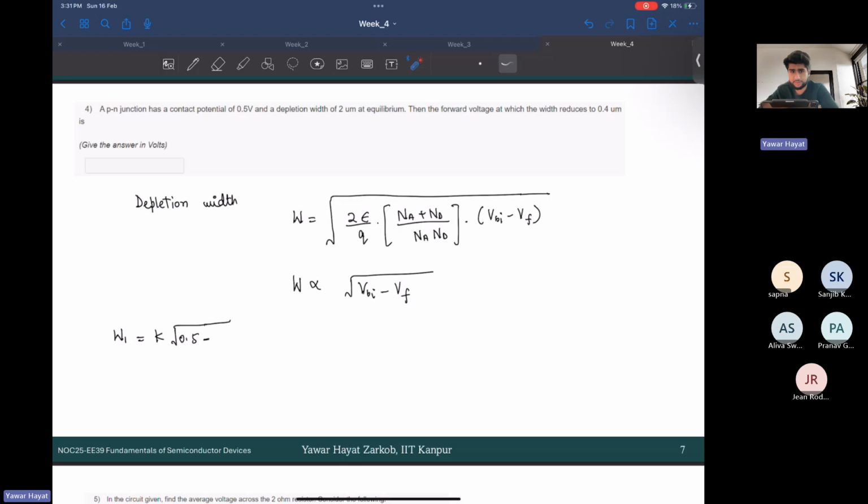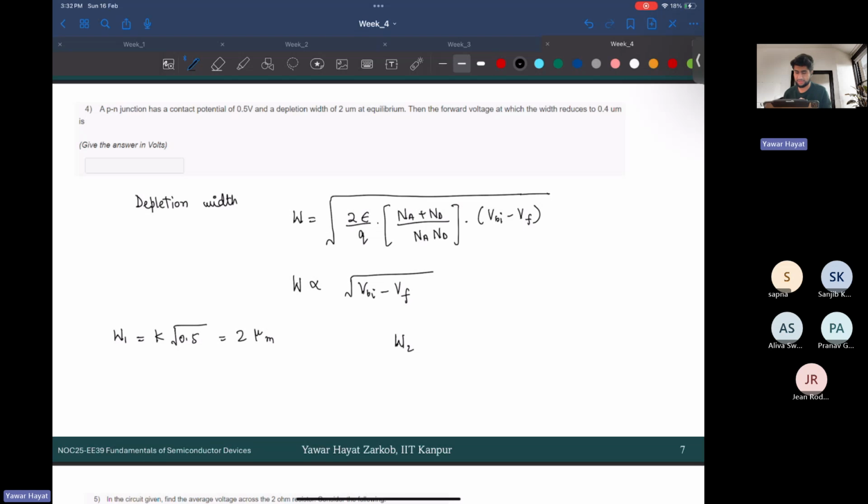So what is the bias then? How much is VA? Simple question. 0, correct. So I won't subtract anything, right? So this is your W1, and as mentioned, it's equal to 2 micrometer.